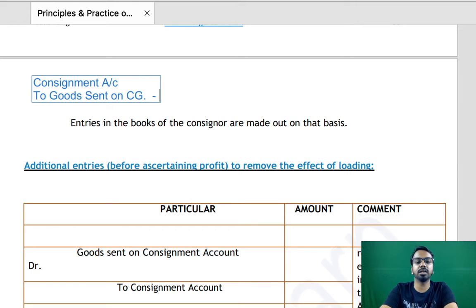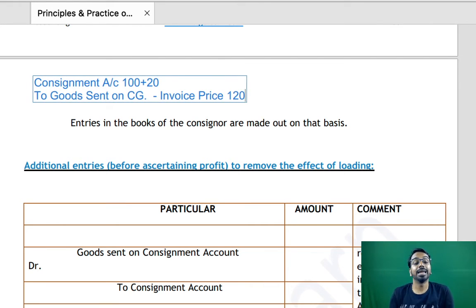This will be done at the invoice price. Now what is this invoice price? Let us say cost is 100 plus 20 is margin, so 120. Here also cost is 100, so this becomes 120. Now is this 120 the actual cost of goods sent? No. So for accounting purpose, this extra 20 is called the loading, which will be reversed.